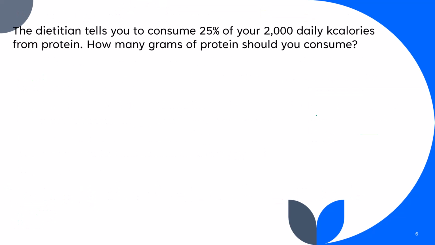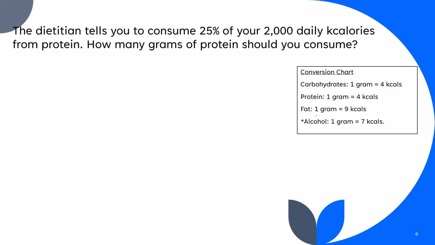Okay, one more problem. This time we're going to do it without all of the steps written out. We're just going to take this one step at a time, but doing it orally. The dietitian tells you to consume 25% of your 2,000 daily calories from protein. How many grams of protein should you consume? The first step is to identify what unit we are trying to solve for. In this case, we are trying to solve for grams.